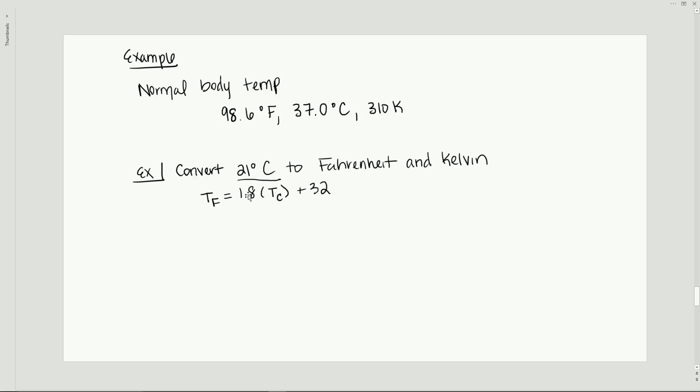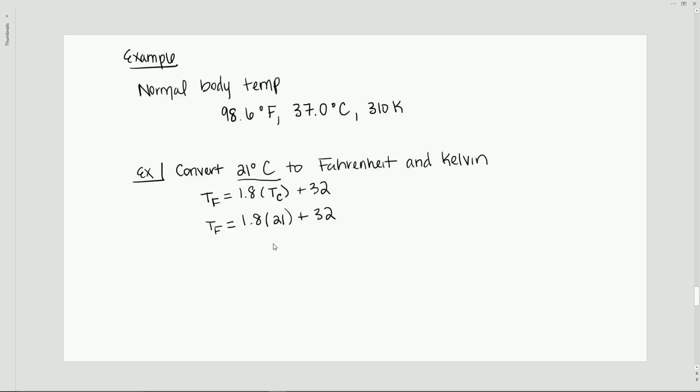So first, we're going to plug in our temperature in degrees C that they gave us. They gave us temperature in Celsius, and we need to go to Fahrenheit. So if we plug our number in, temperature in Fahrenheit equals 1.8 times 21 plus 32.